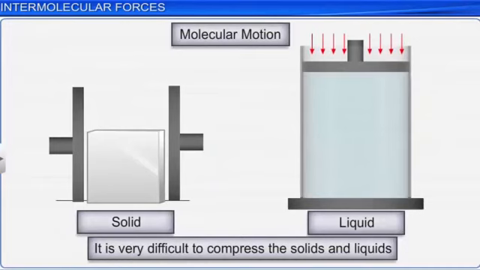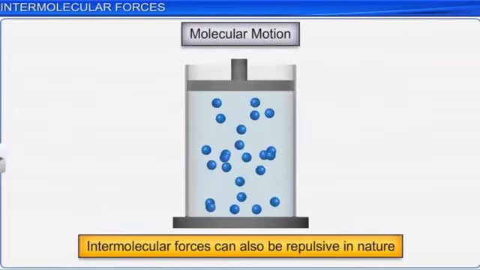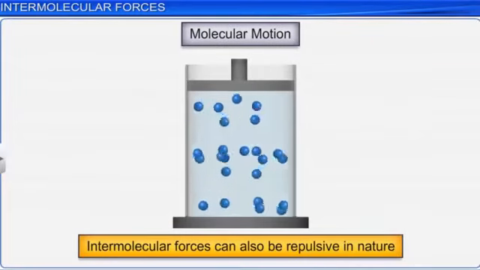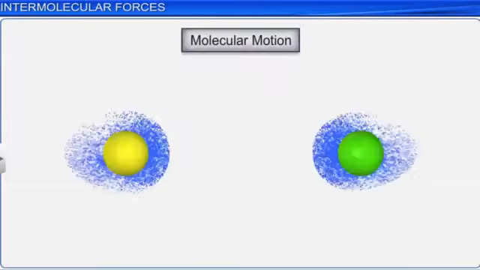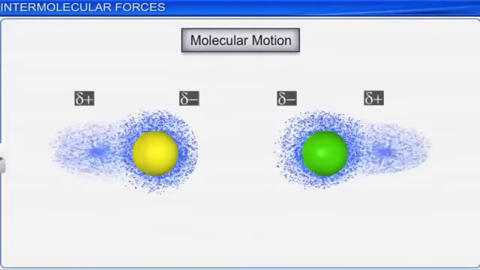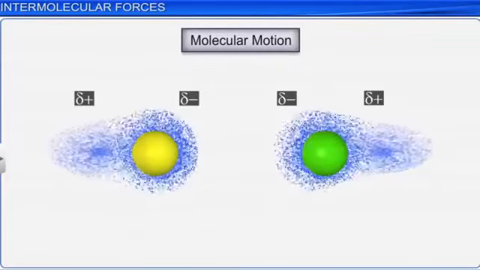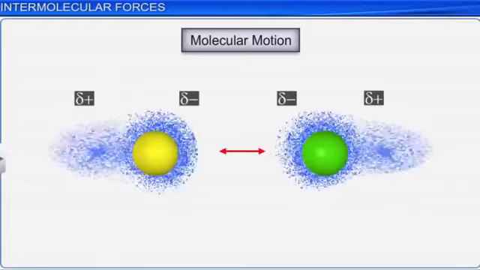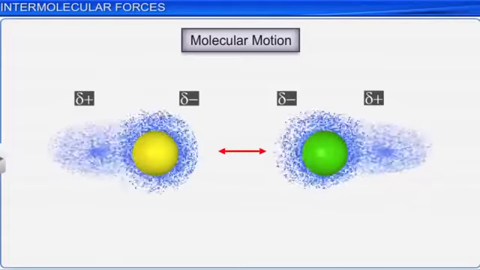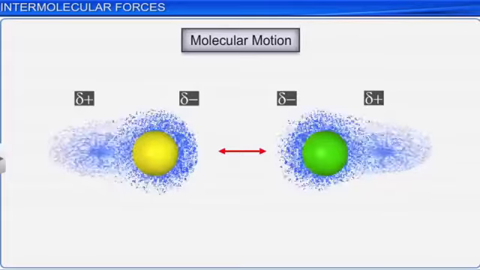Intermolecular forces can also be repulsive in nature. When two molecules are brought closer, the repulsions between the electron clouds and between the two nuclei of the molecules come into play. The magnitude of repulsion increases rapidly with a decrease in the distance between the molecules.